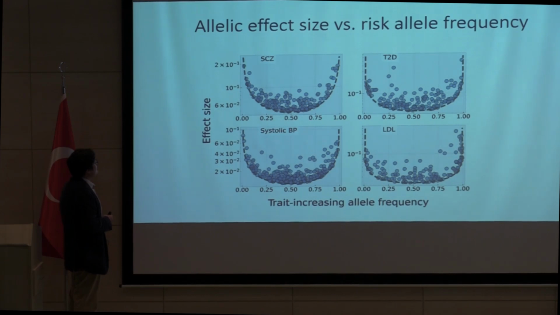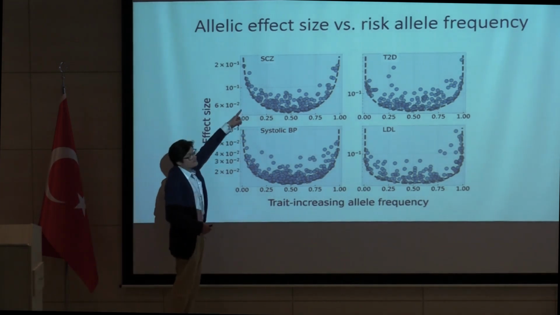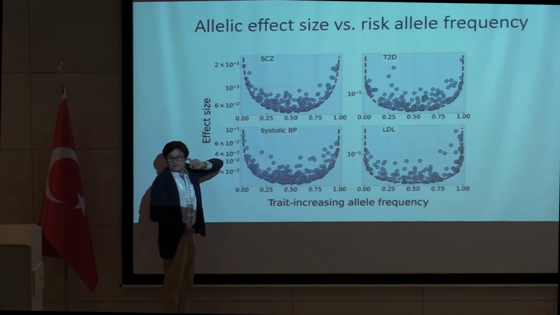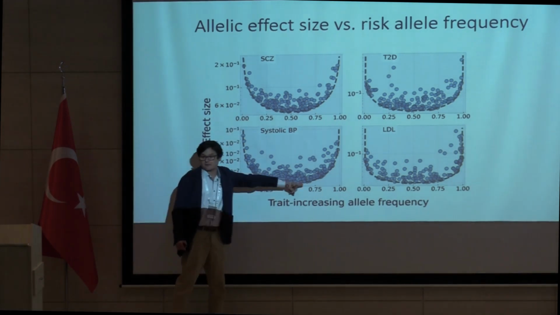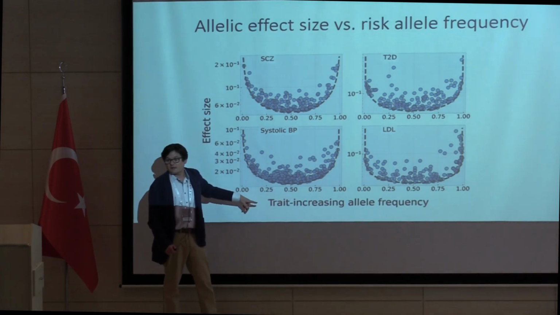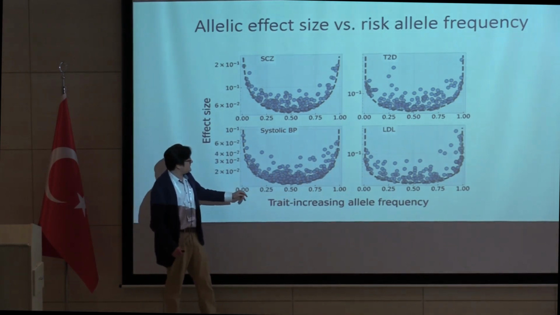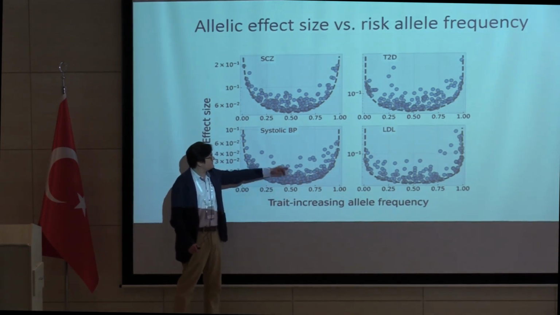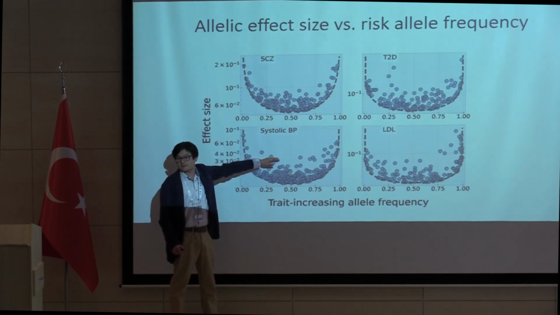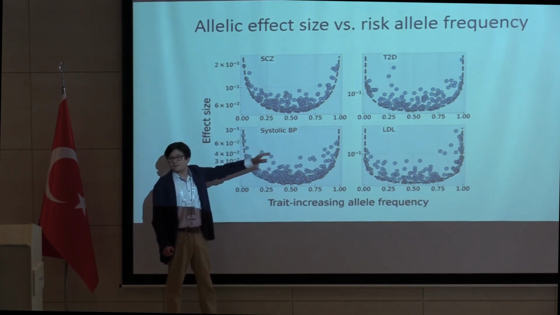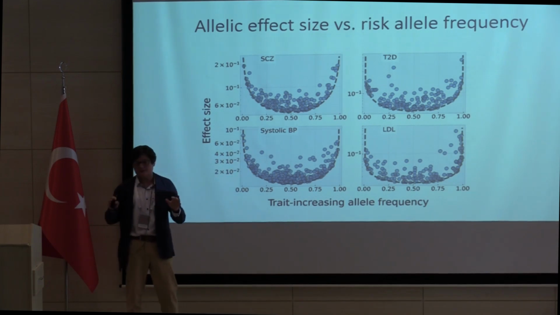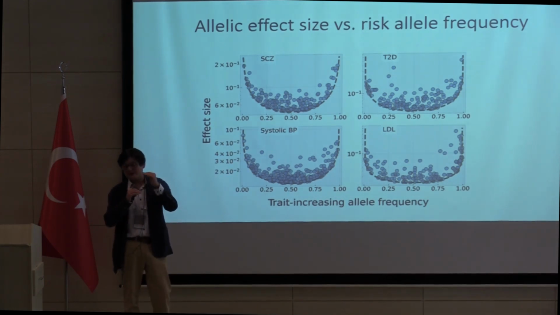And I think this is quite stunning. So look what's happening. This is blood pressure, this is schizophrenia. Now, this is frequency of risk. What's happening is, in the middle, you never have variants of large effects. There are no common variants, so a variant that 50% of individuals carry never has large effect.